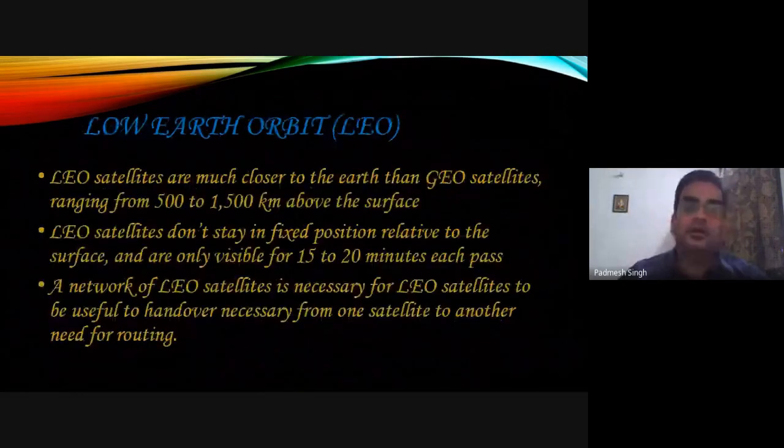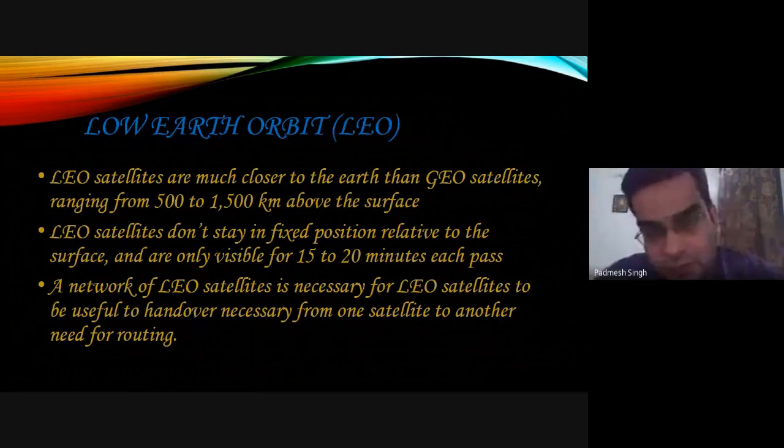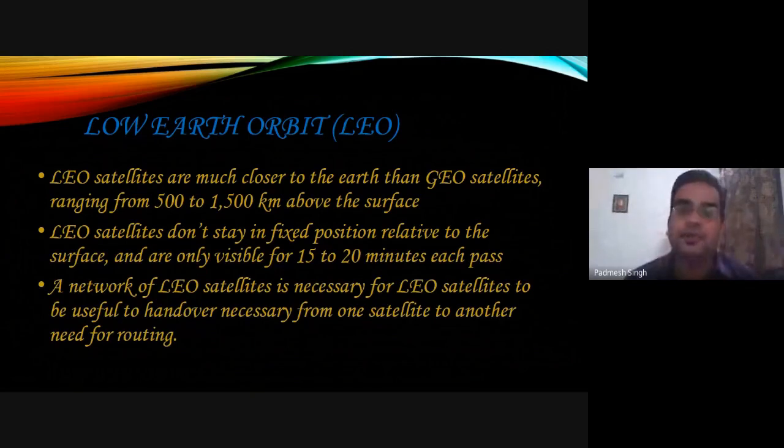Then, in spite of geostationary satellites, all other satellites which are not in the orbit of 36,000 kilometers change their place with respect to rotation of the Earth. So we have an added advantage that our satellite can take images from the other places of the world, because there is a change in rotation speed between Earth and satellite.